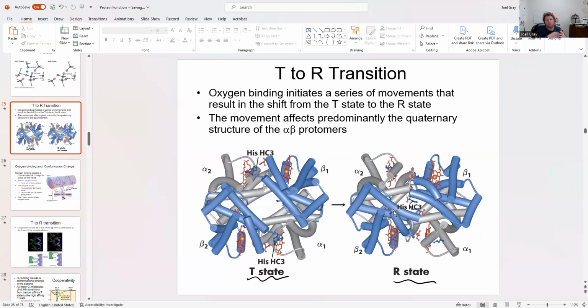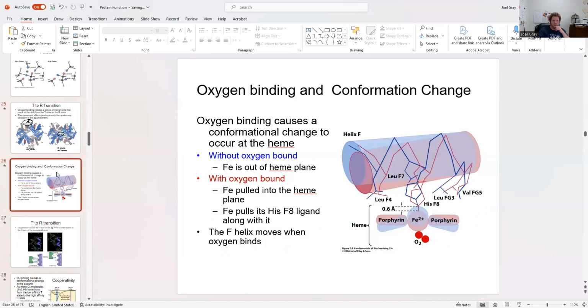That's worth noting because this is a very tightly and highly regulated protein. There are even some amino acids, this histidine here, that's interacting within this tetramer in that central cavity. That histidine that we're highlighting has moved from here to the center. So there are pretty dramatic changes that take place when this protein transitions from the T state to the R state.